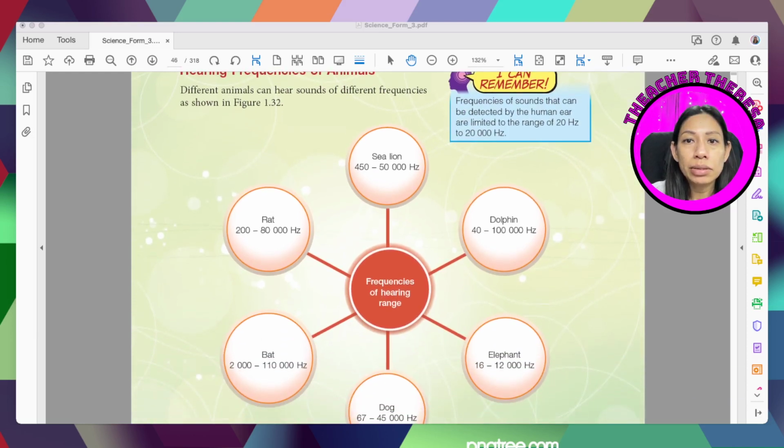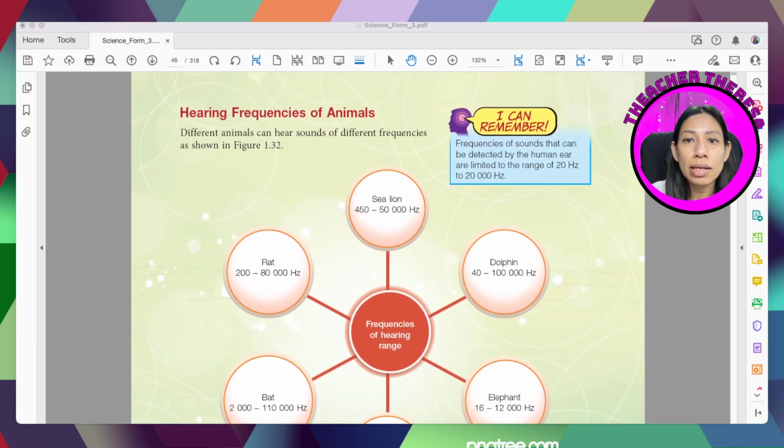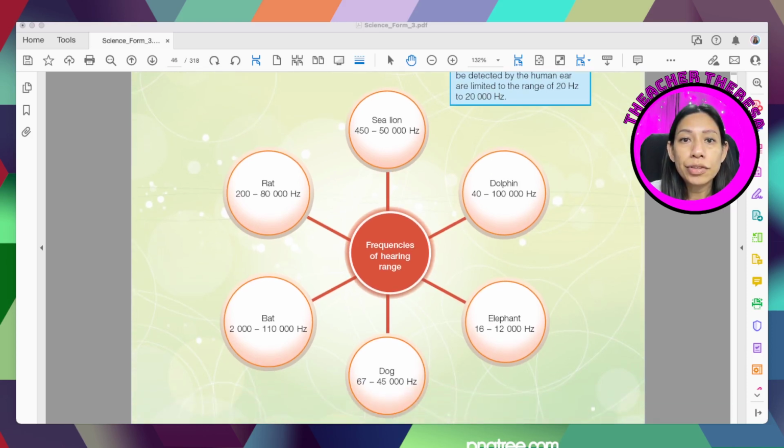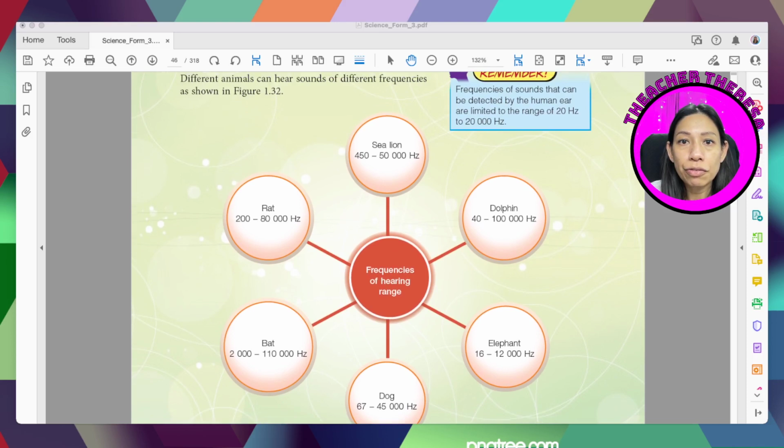Frequency of animals is different than human because anything above our maximum, we can only hear at a maximum of 20,000. So if dolphins communicate at 100,000, only dolphins can hear. You cannot hear because yours is only 20,000. So you more or less just need to remember different animals can hear in different ranges.